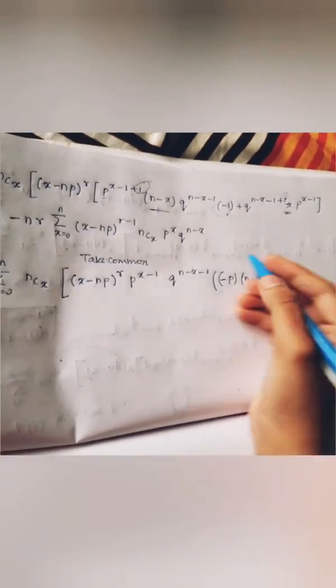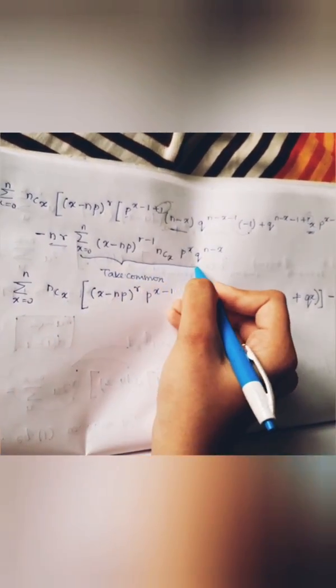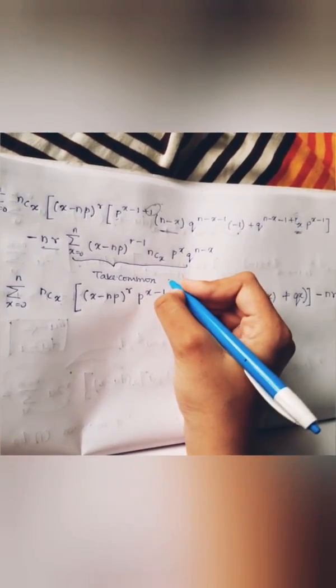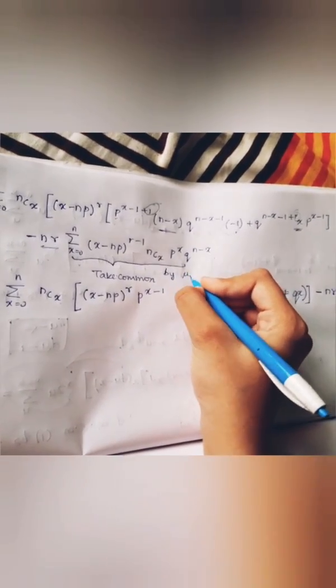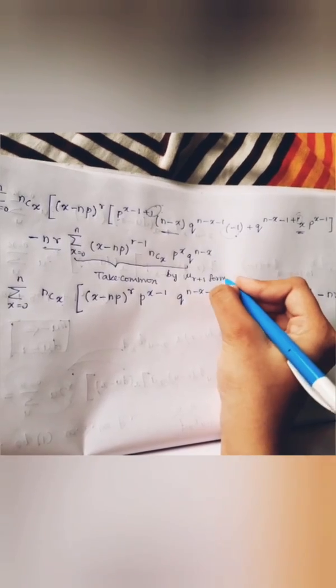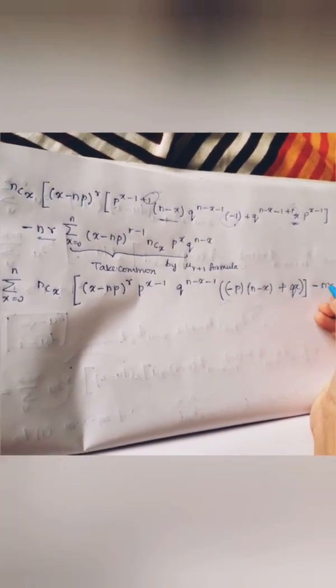Next minus nr, we are writing the whole term as mu r minus 1. It is nothing but the mu r minus 1 formula, so that we are writing just mu r minus 1.